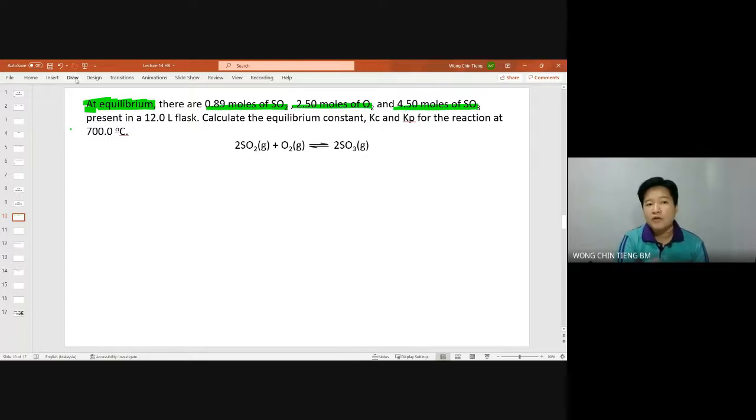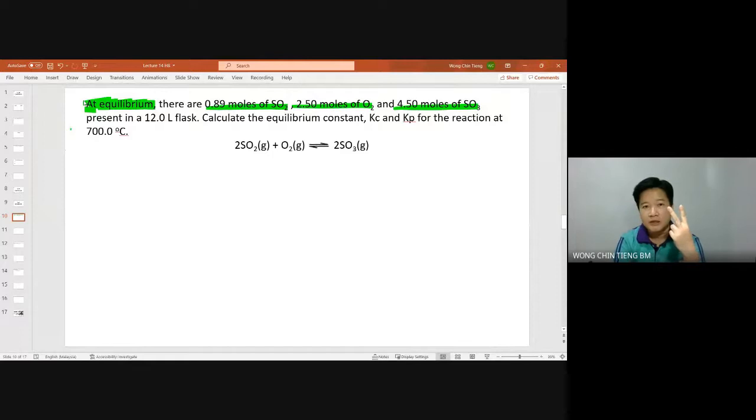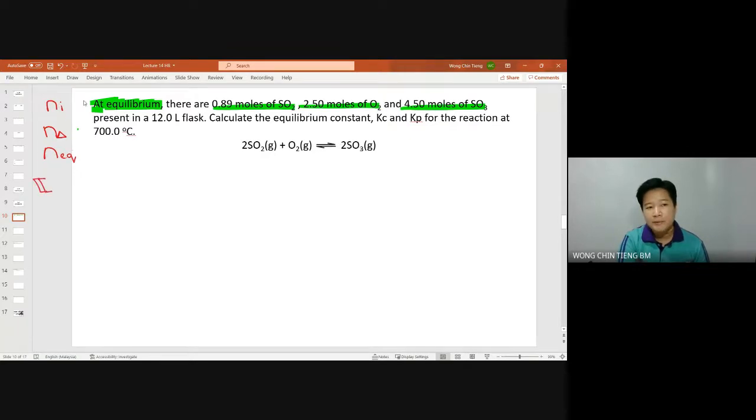So when you write your value down, there are 2 ways we label the value: number of mole or concentration. Okay? So whether you label number of mole initial, number of mole change, or number of mole equilibrium.